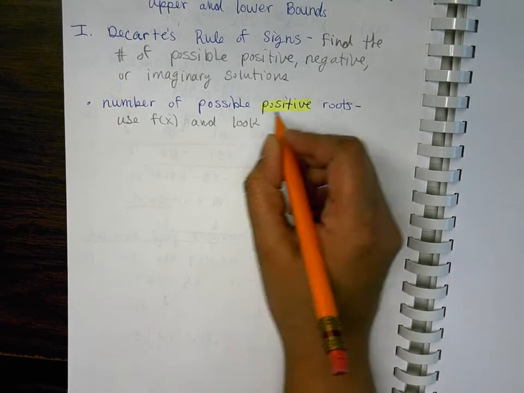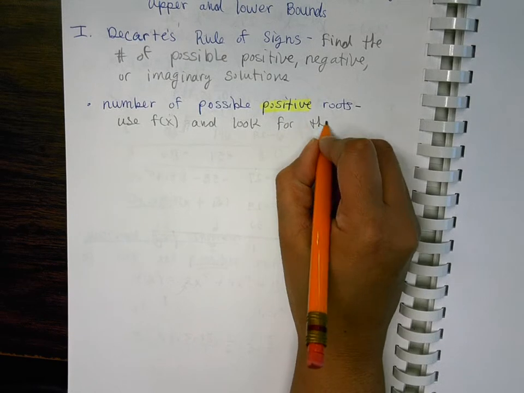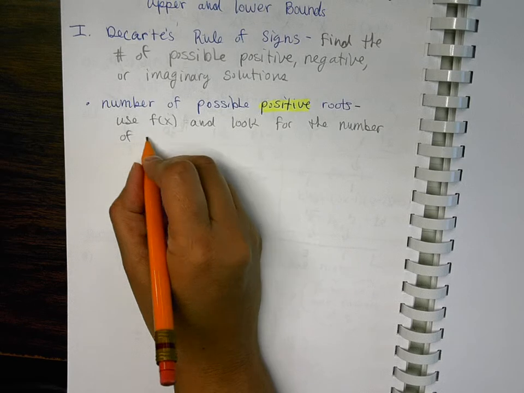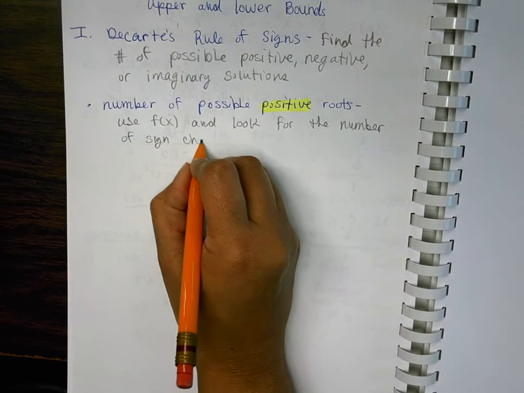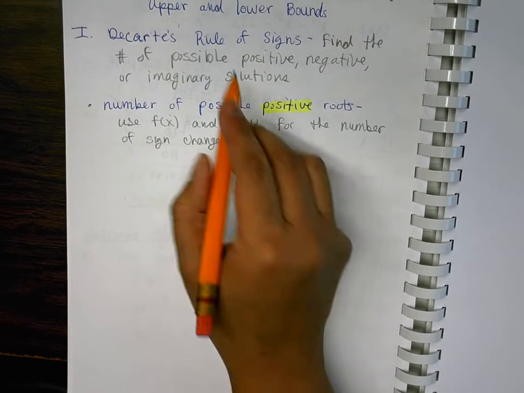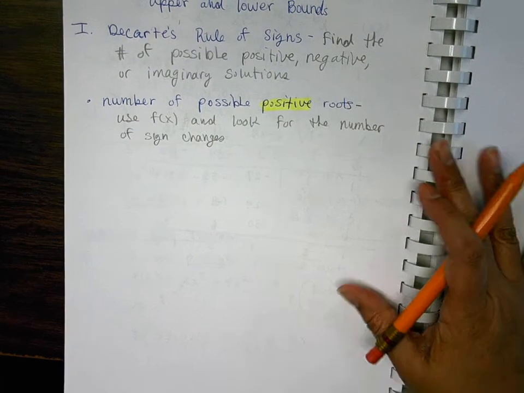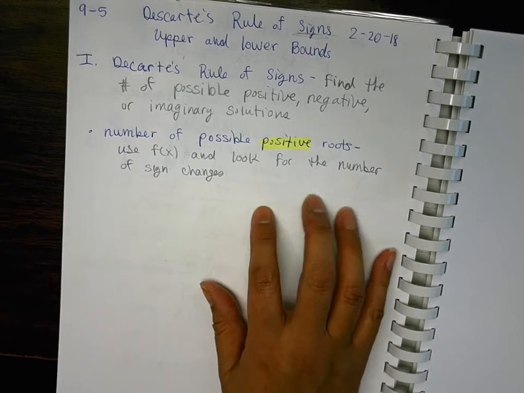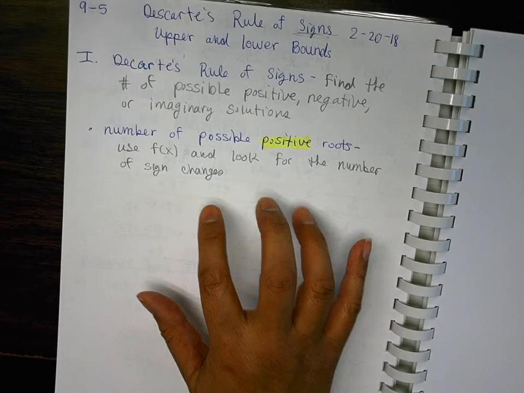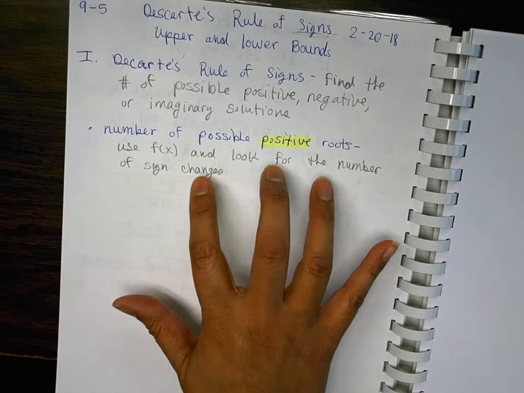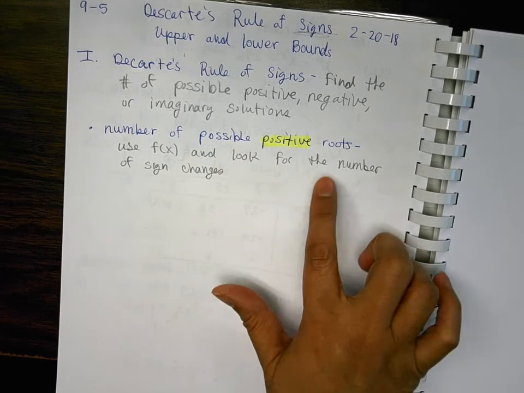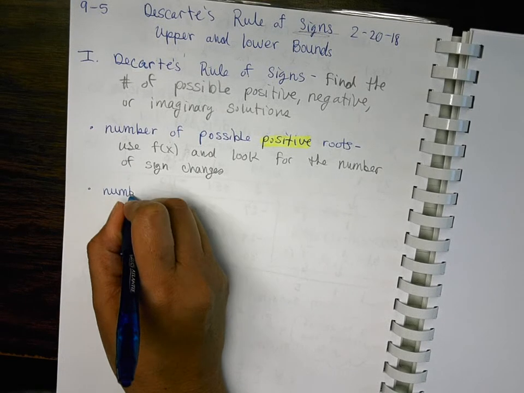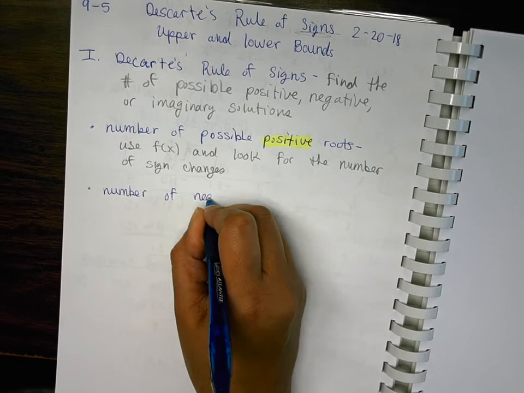So we're going to be given an f of x function, and we're going to look at that f of x function and look for the number of sign changes. That's why it's called Descartes' rule of signs. Right now you may be like, what the heck does that mean? When we go through an example, it'll make more sense, and I'll explain as we go what it means.